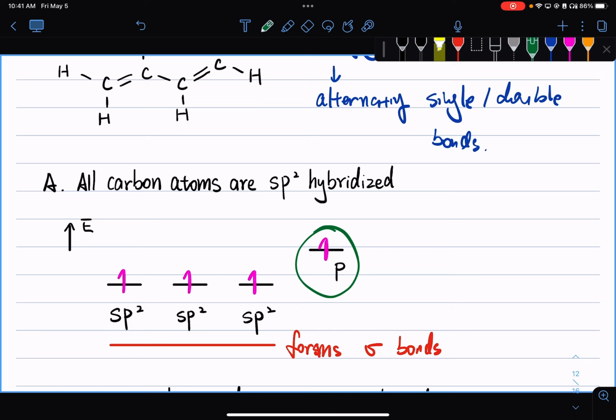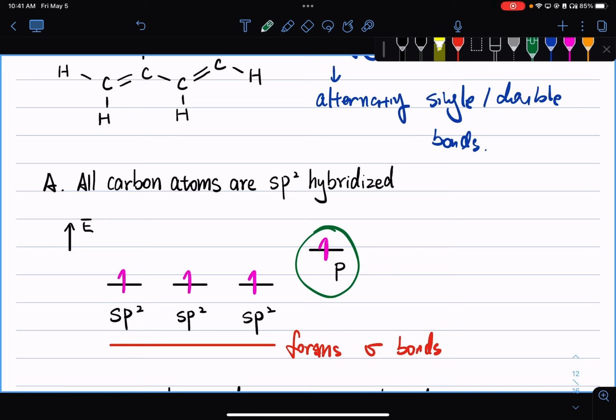All right, and now we know we have four p atomic orbitals. So how many pi molecular orbitals will we end up having? We start from four, we end up with how many MOs? We don't destroy or create MOs out of nowhere. So we start from four atomic orbitals, we end up with four molecular orbitals.